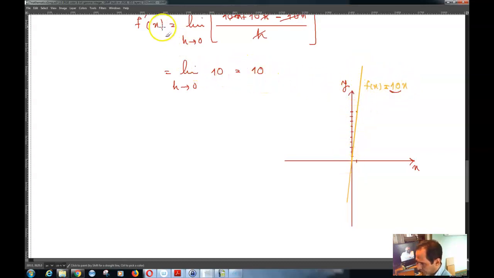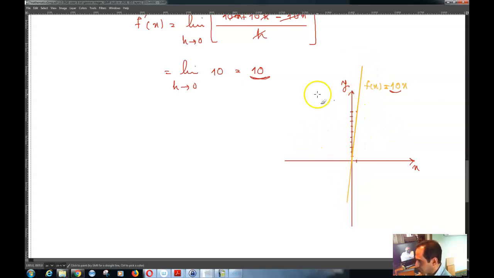And I've gotten the derivative of the function as the same number 10. That means that at any point the slope of this line is 10, and it's not changing, because it's a straight line, and in the case of a straight line the slope is never changing.